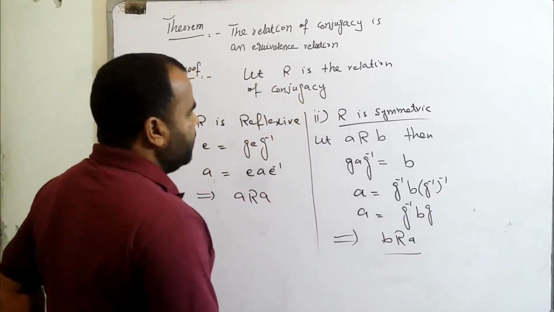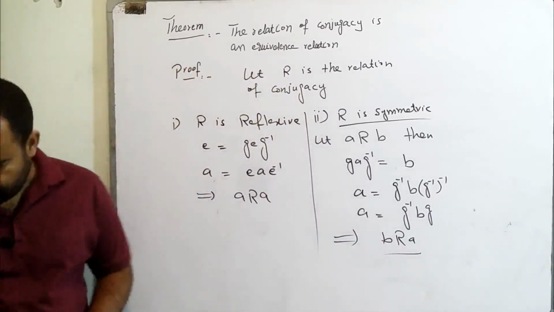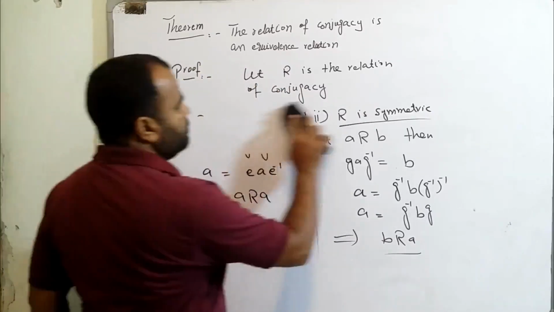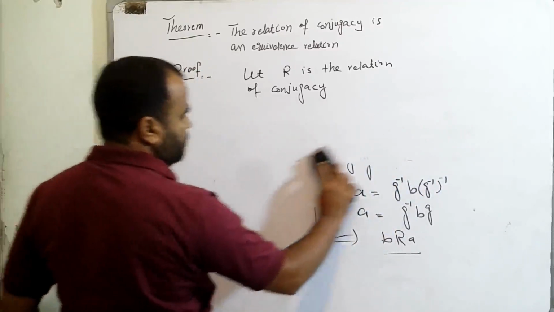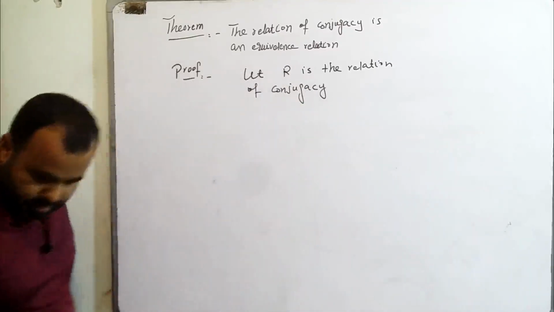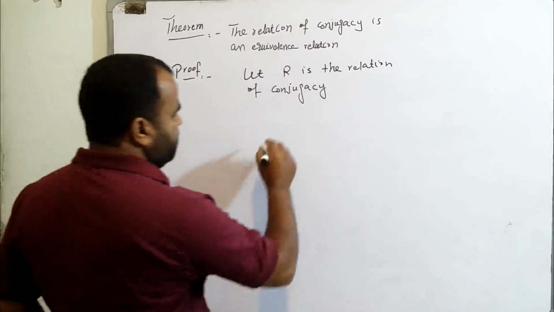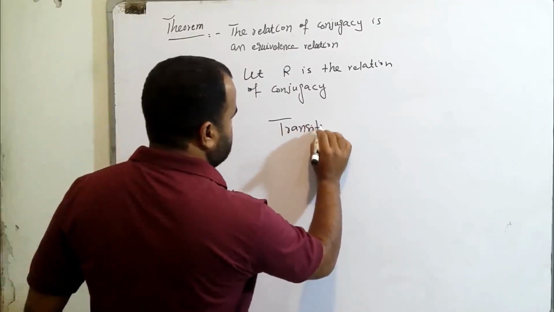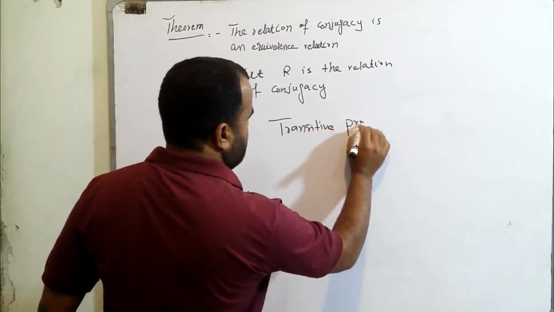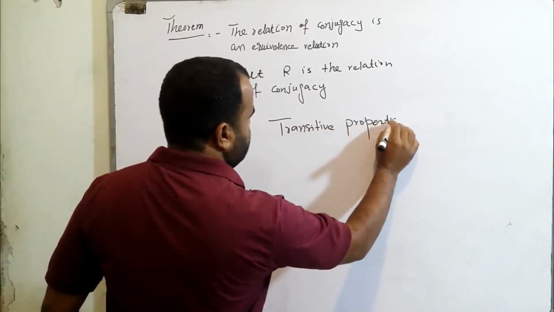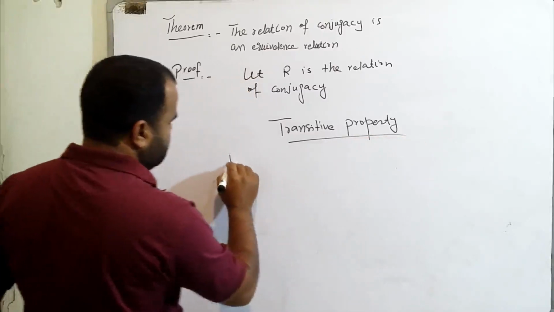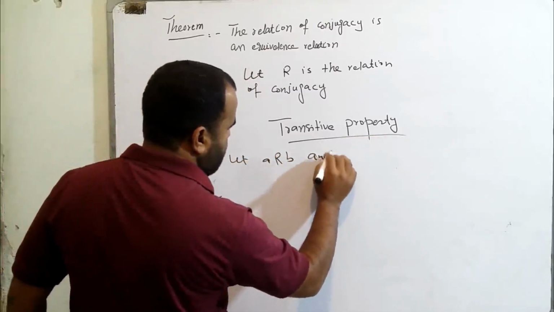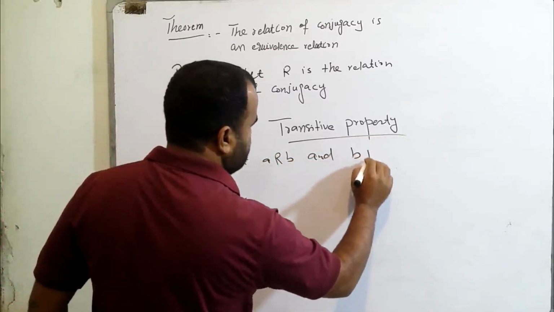The third is the transitive property. Let a be related with b and b be related with c.